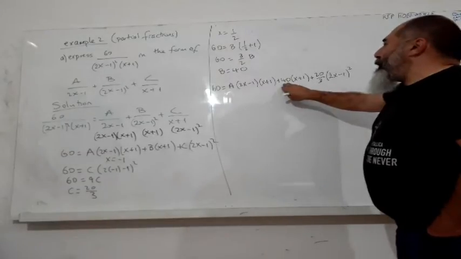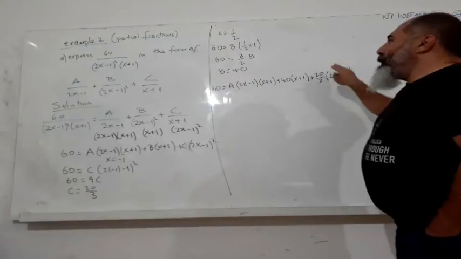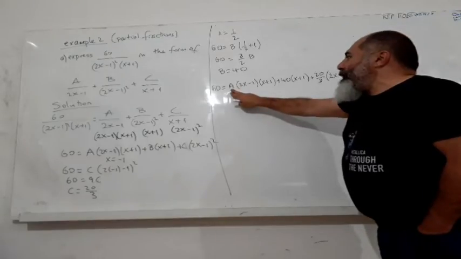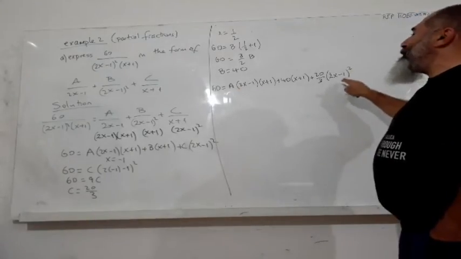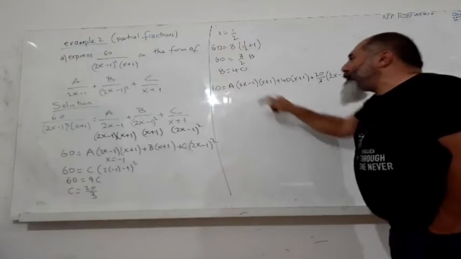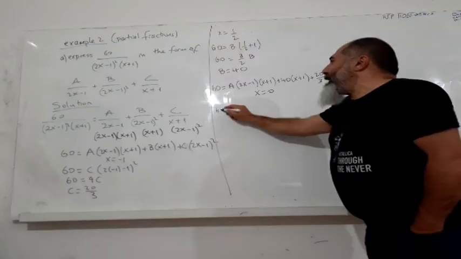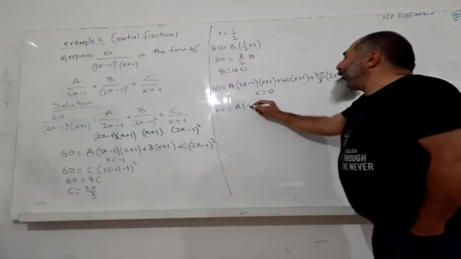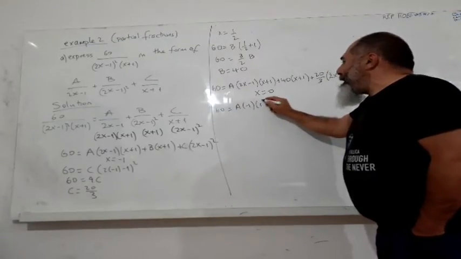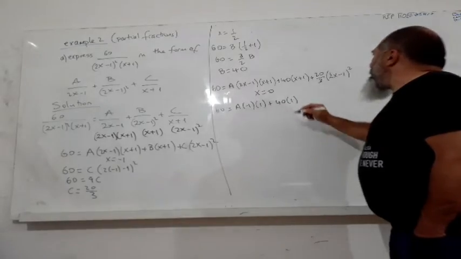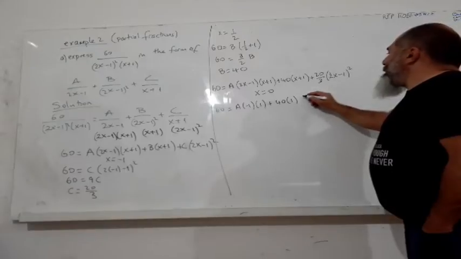The only unknown left is A, and the easiest value for x to substitute is 0. Let's say that x is equal to 0. So 60 will be A times minus 1 times 1, 40 times 1, and 20 over 3 times 1.